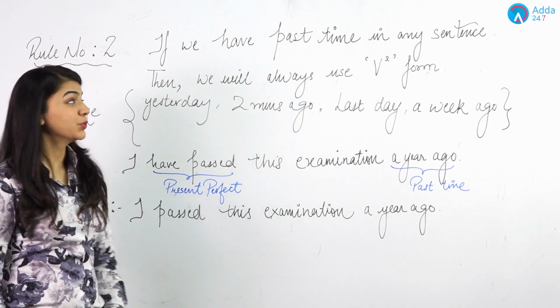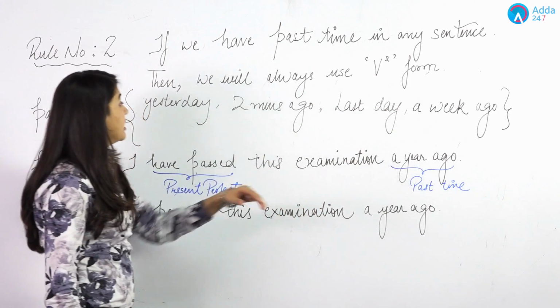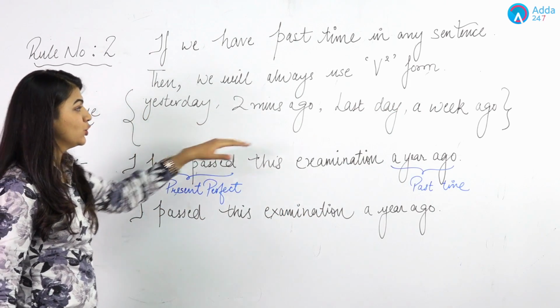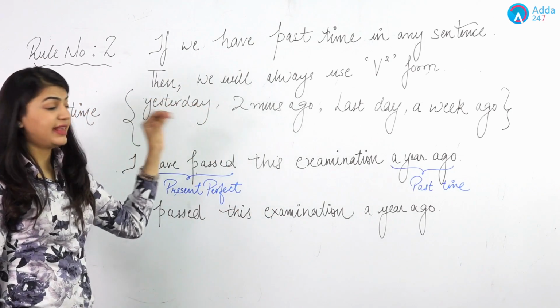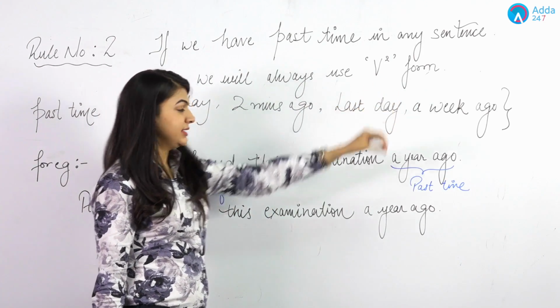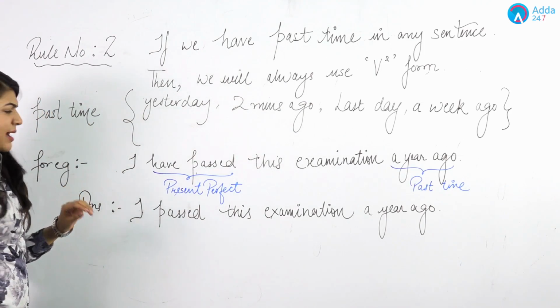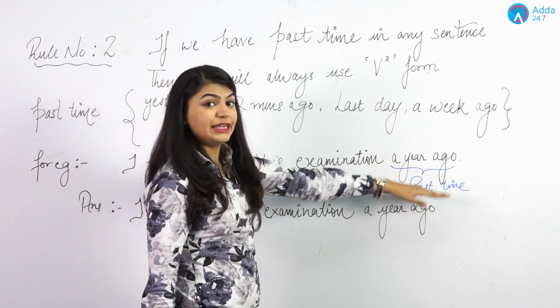So rule number 2: if we have past time in any sentence, past time like yesterday, 2 minutes ago, last day or a week ago, then we will always use verb second form in that sentence. Let's take an example. I have passed this examination a year ago.